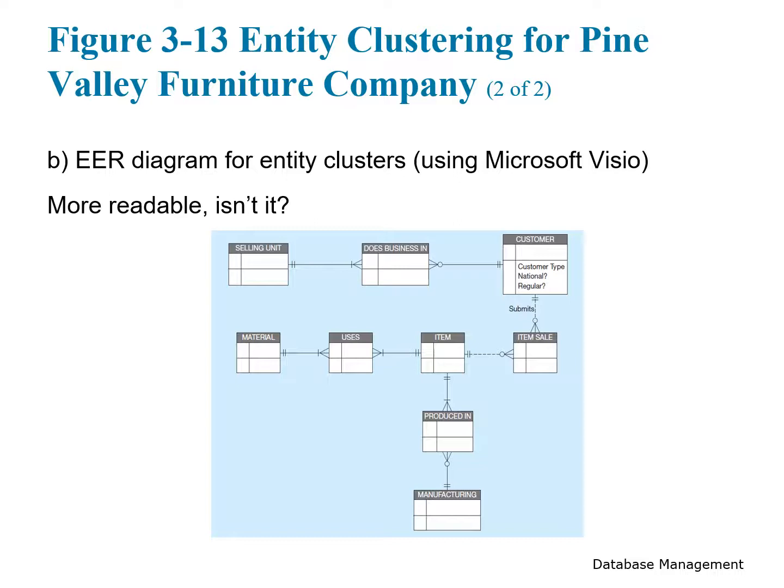For example, since there is a one-to-many relationship between the customer entity and the other entity, this implies a one-to-many relationship between the customer cluster and the item sale cluster. Note that the associative entity often stands apart from the cluster and provides linkage between them.